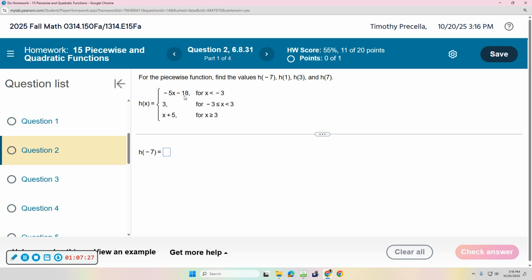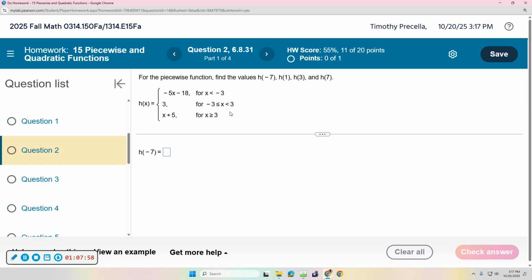The first piece is negative 5x minus 18, and we're going to use that first piece if our x values are less than negative 3. So like negative 4, negative 5, negative 6. The y value in the middle piece will be 3, and you use that if the x value is between negative 3 and positive 3, including negative 3, but not including positive 3.